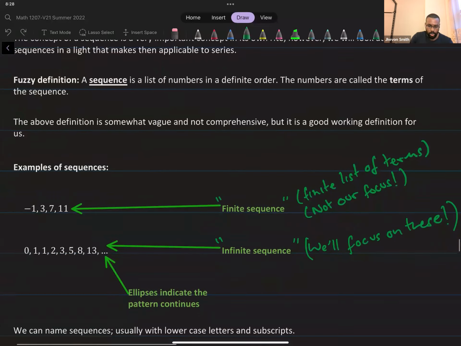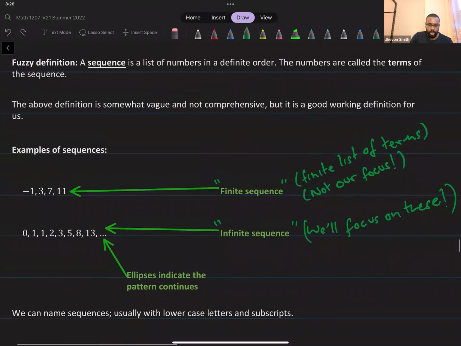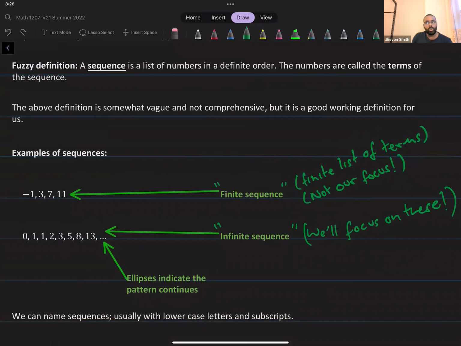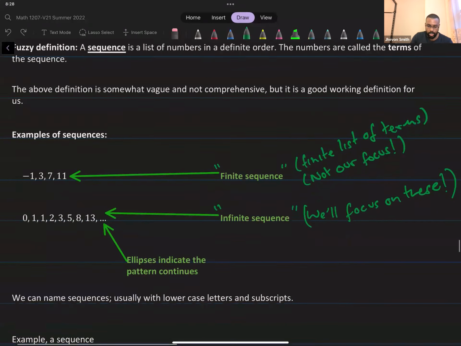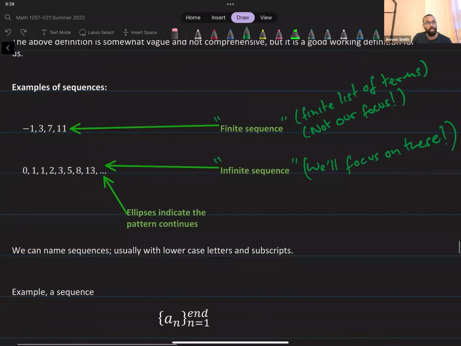Usually we can name sequences with lowercase letters, and this is the way you would do it.